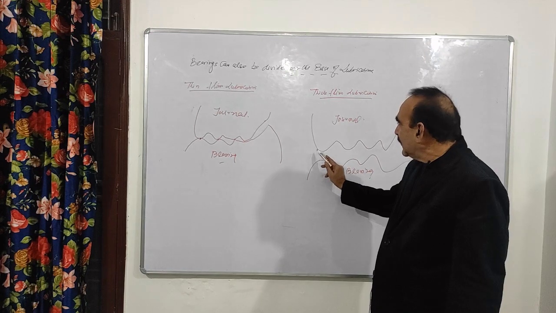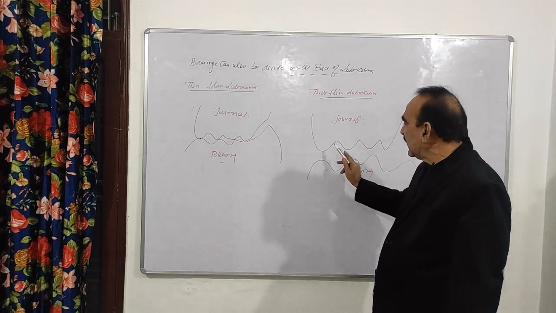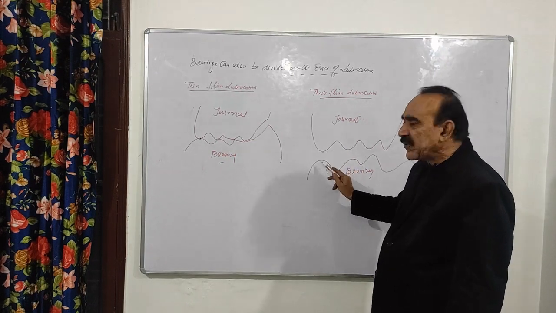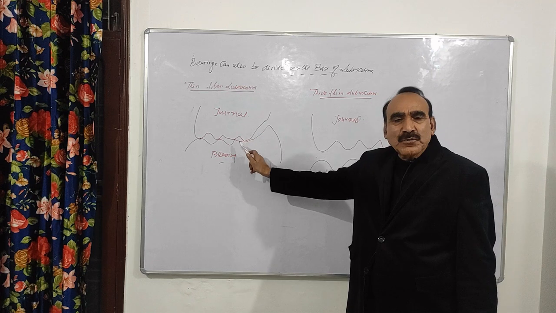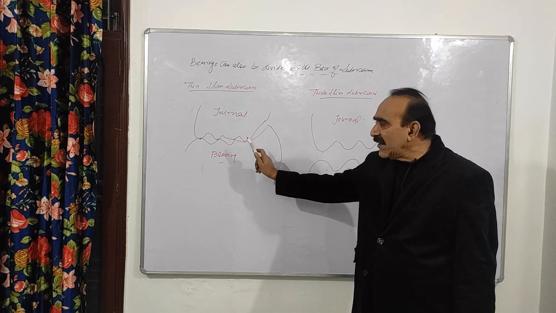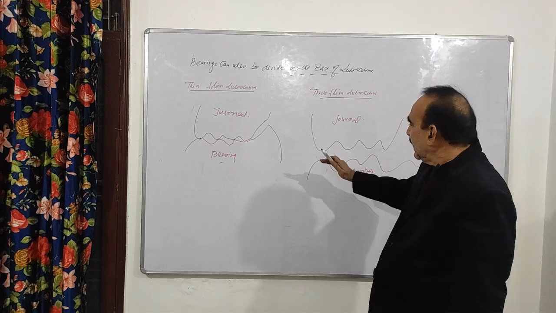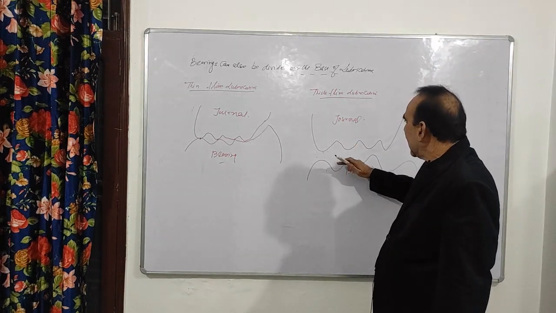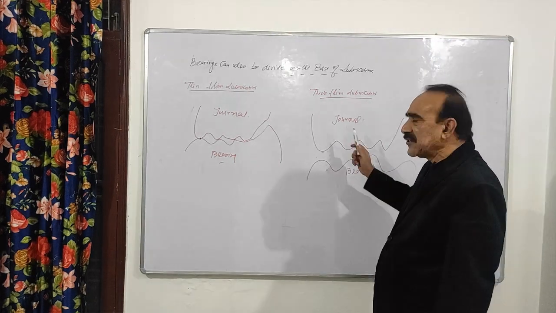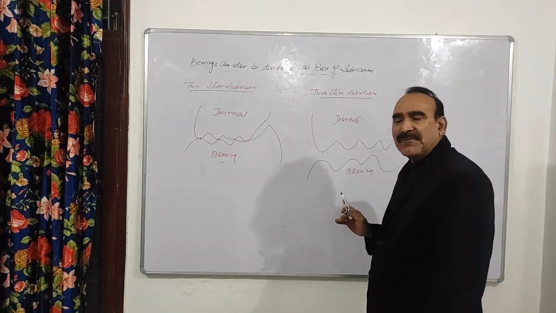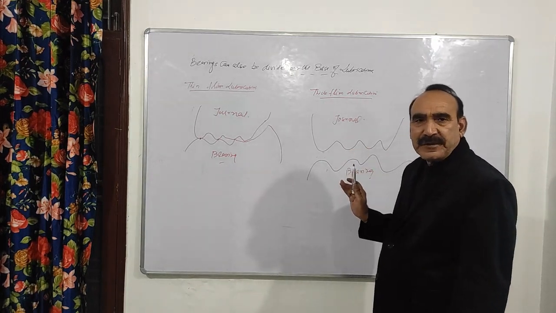So in thick film lubrication, the bearing surface and the surface of the shaft are completely separated. But in thin film lubrication, there is only partial separation and there is metal to metal contact also. In this case, the contact surface of the journal and the contact surface of the bearing are completely separated, right?